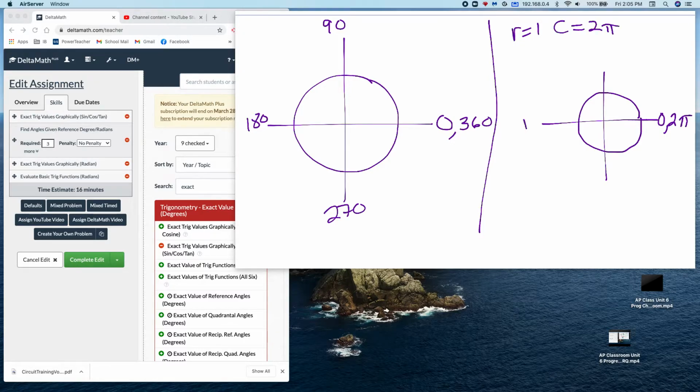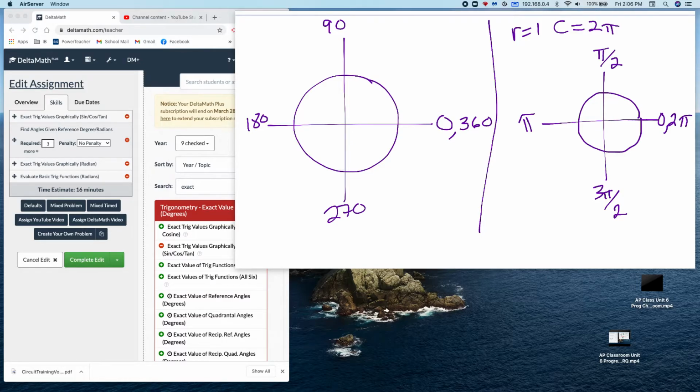Well, that would mean that this is pi, because it's halfway around. That means this is pi over 2, because it's half of the halfway around. And then this is 3 pi over 2, or 1.5 times. So that's where you get radians.